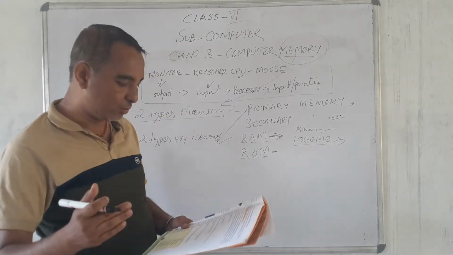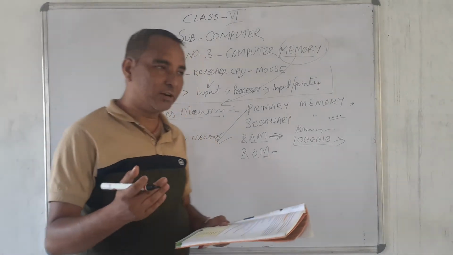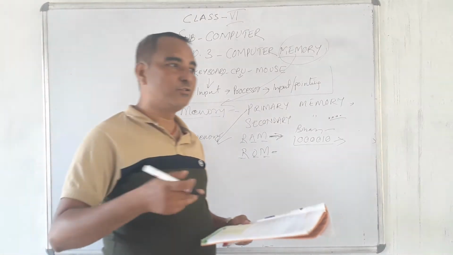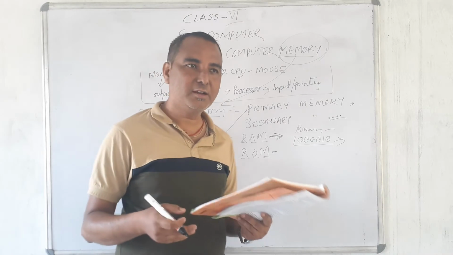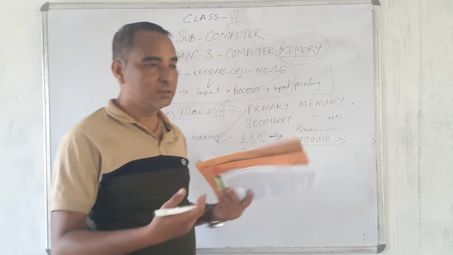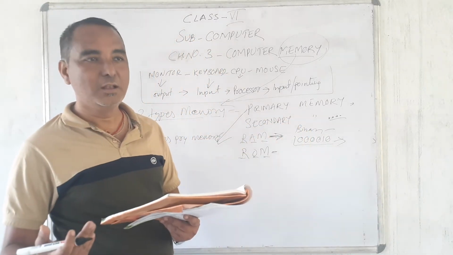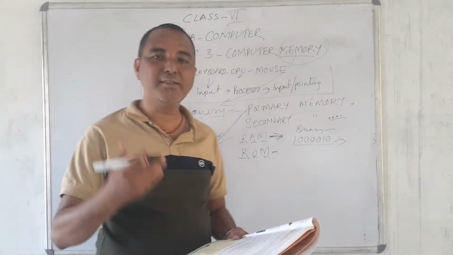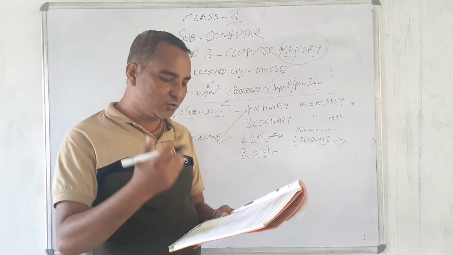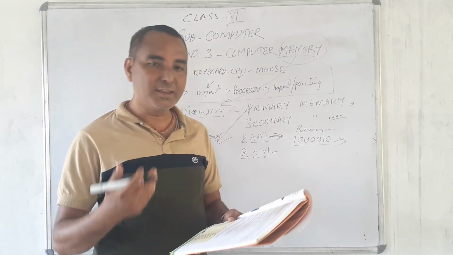KB means kilobyte. Nowadays we use smartphones and internet data, so every day we get data packets like 1 GB, 1.5 GB, 2 GB. Understood? GB is a gigabyte, MB is a megabyte, and the largest unit we are using is the gigabyte.